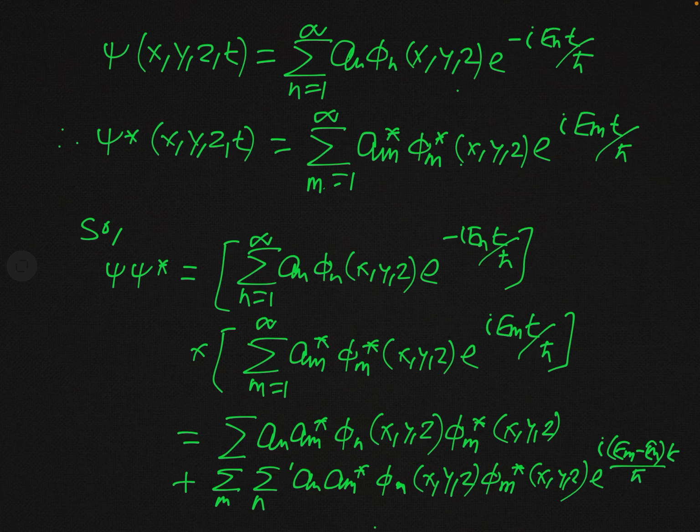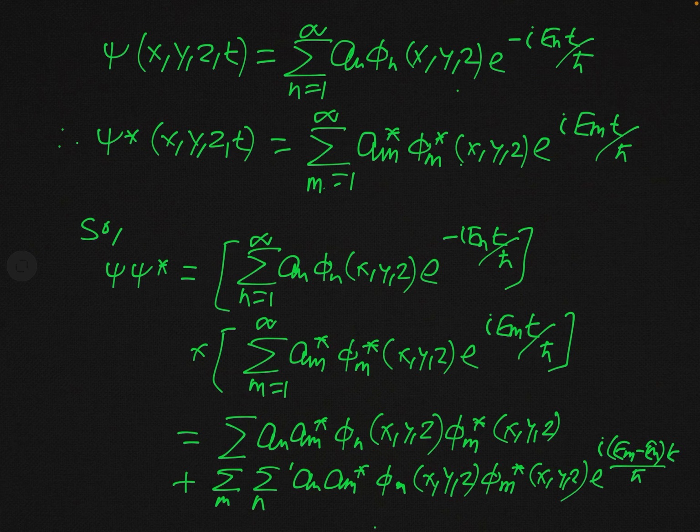Actually here the prime on the double summation indicates that the terms with m equal to n are excluded.